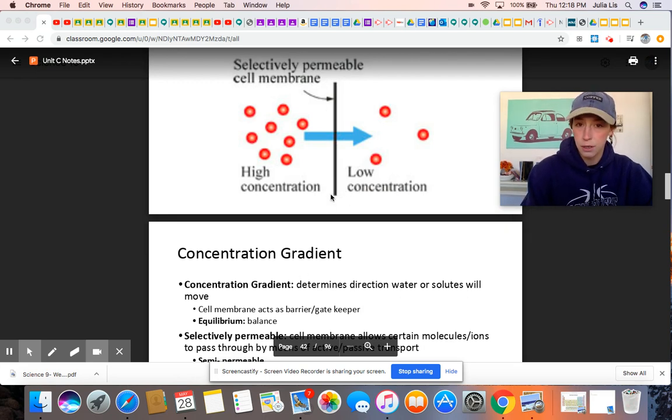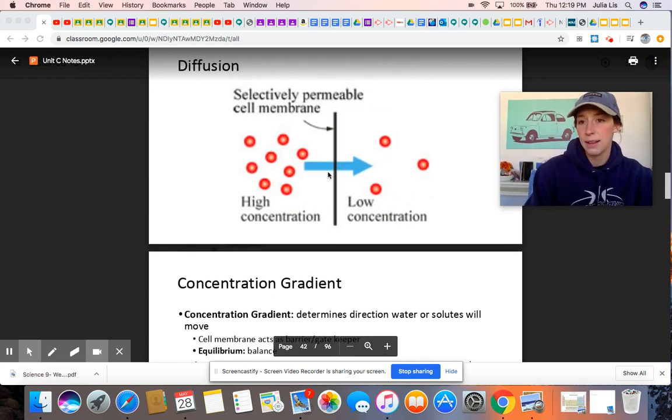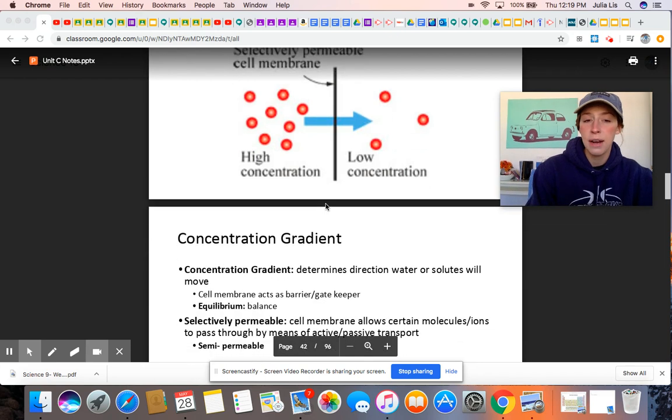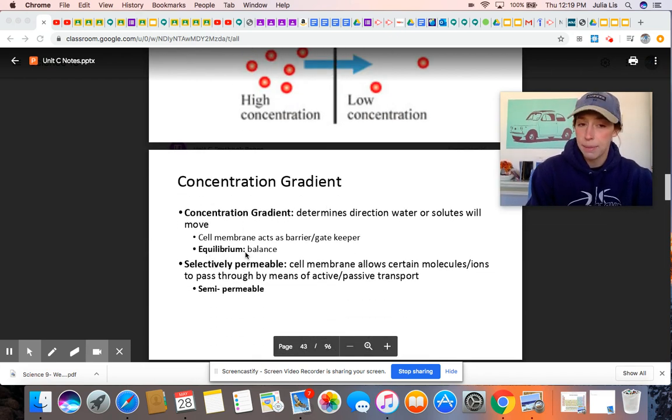For example, this is our semi-permeable, or selectively permeable, membrane, but it also outlines this invisible concept known as the concentration gradient. Because there is a barrier, you've created a concentration gradient. So one side is more concentrated than the other, and the goal for cells is to balance this, to find what we call equilibrium.